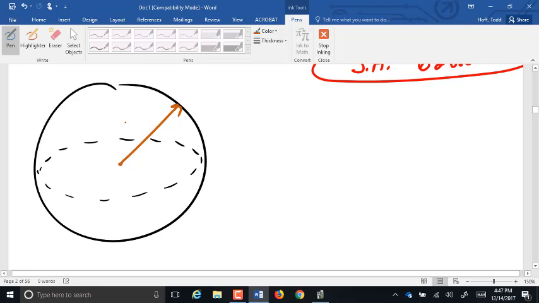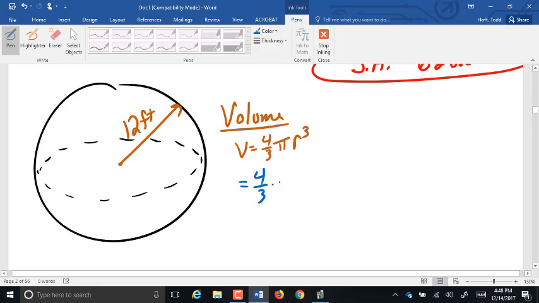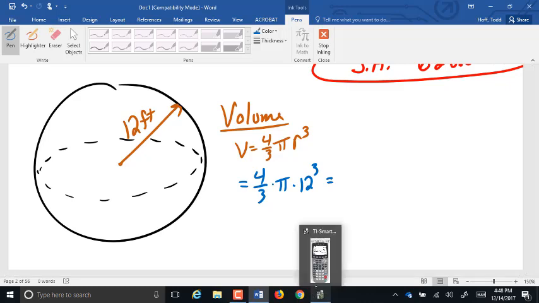Let's say we have a sphere with a 12-foot radius. Remember, volume of a sphere is 4/3 times pi times radius cubed. So for this sphere, it's 4/3 times pi times 12 cubed.